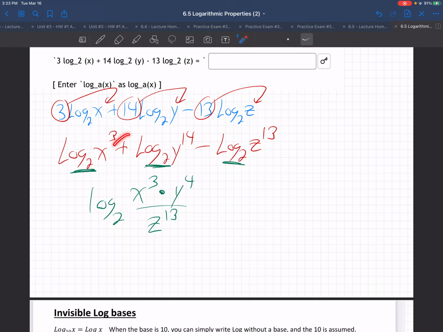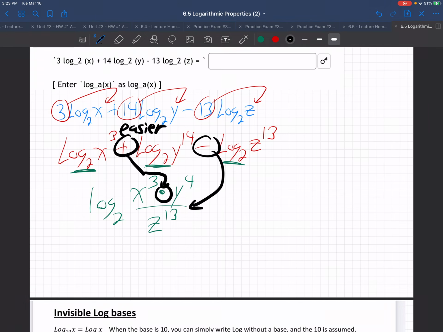Well, let me connect it up for you. Adding becomes multiplying, and subtraction becomes dividing, right? The easier operations, like adding and subtracting, become the harder ones, multiplying and dividing, for one log.